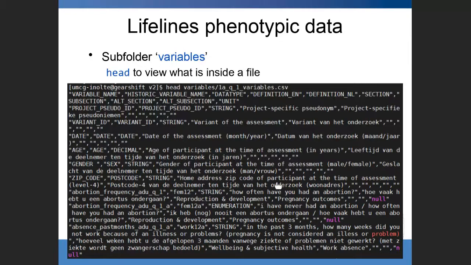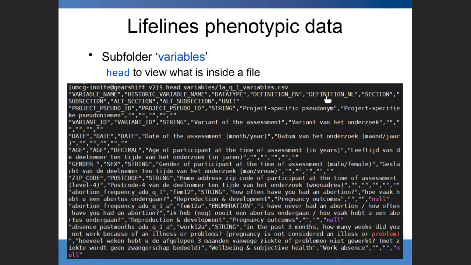So if I look into the questionnaire data of the first questionnaire on baseline, the first 10 lines in this file tell you the variable name in the results files and in the enumeration files, and the historic variable name, the name that was used in the first release. Then the data type: for instance, sex is a string, postal code is a string.